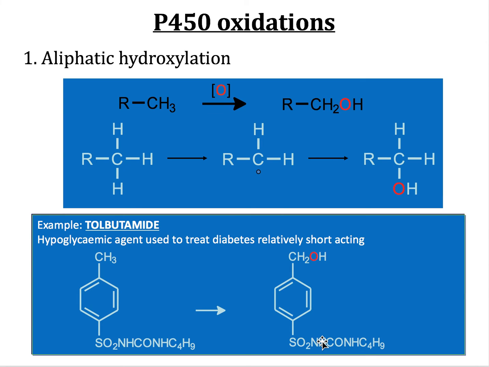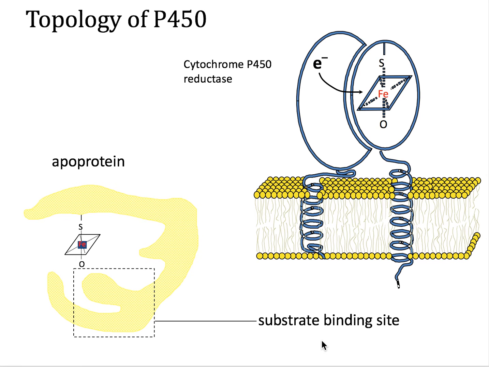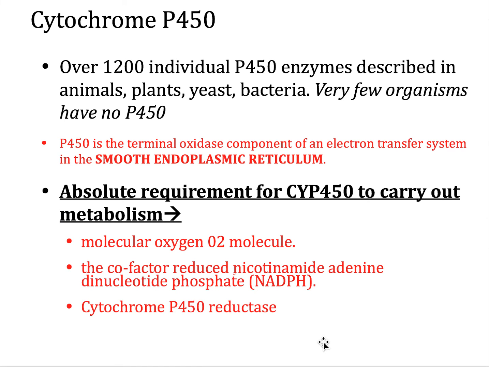This is aliphatic hydroxylation occurring within the liver, found in the endoplasmic reticulum. P450 is a terminal oxidase component of an electron transfer system in the smooth endoplasmic reticulum of the liver, and it needs 3 different molecules as cofactors for this reaction to work.